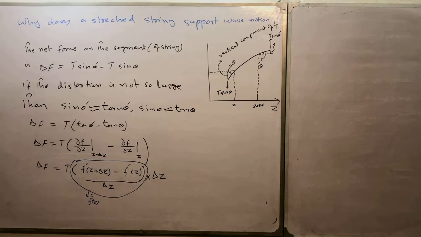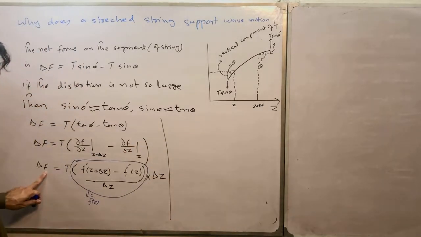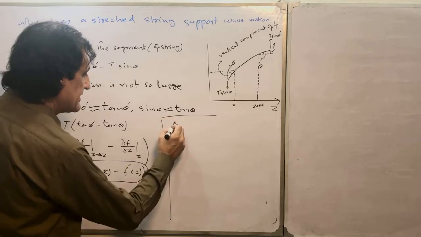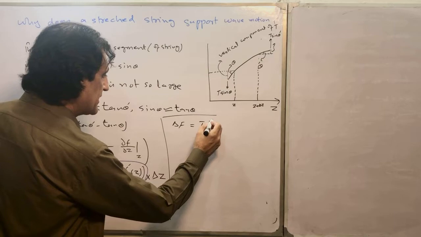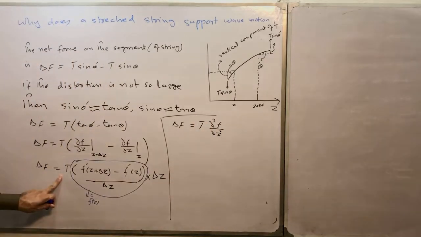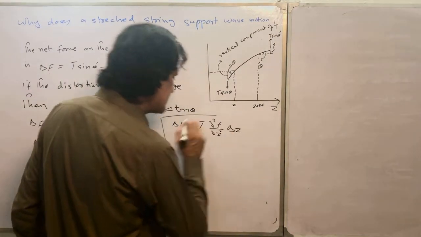And f double prime means two times differentiation with respect to z. So this delta f is equal to partial square f divided by partial z square, multiplied by delta z.